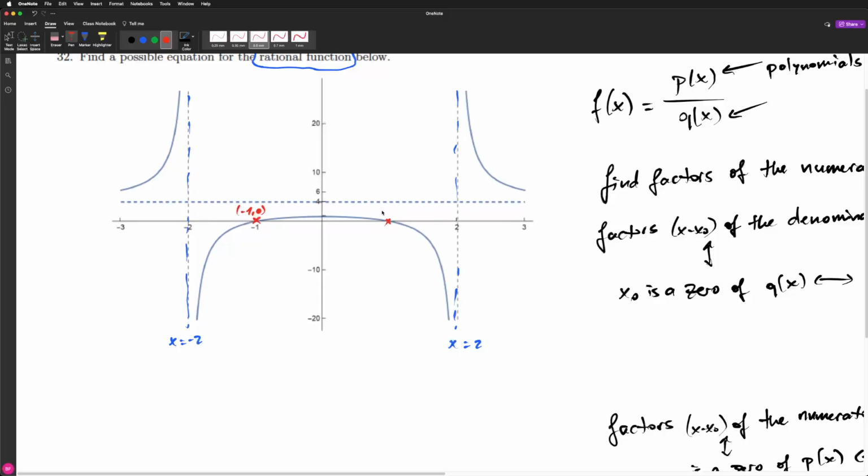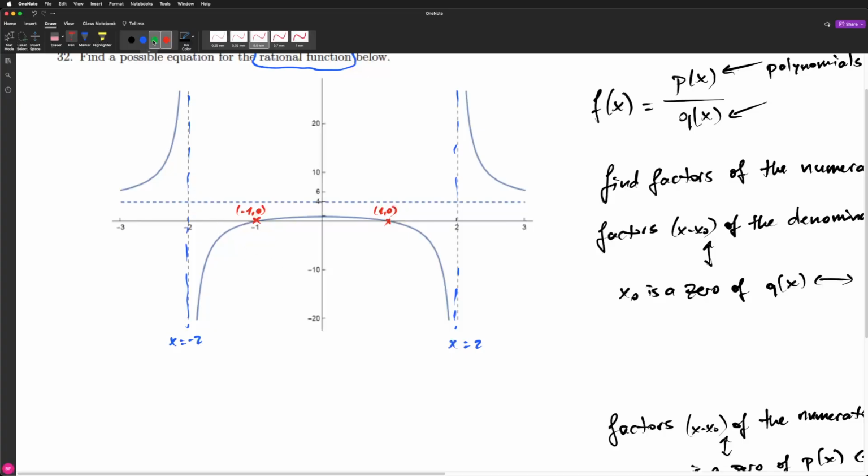Negative 1 comma 0 is a zero, an x-intercept, and 1 comma 0 is another x-intercept. And then I look and see, wait a minute, this graph looks even. If I plug in negative x for x, I get the same function. Or if I fold along the vertical axis, then I reflect along the vertical axis, I get the same graph.